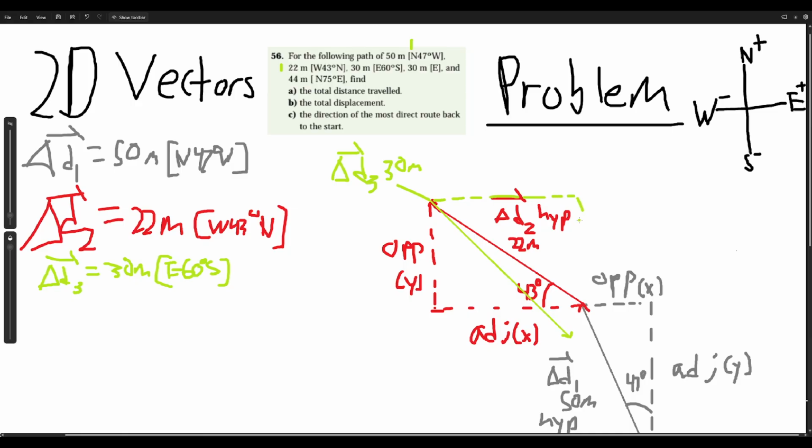And also we're gonna have to break this up into x and y components later. So this is the hypotenuse. The angle here is 60, which means this is the adjacent, which will be our x. This is the opposite, which will be our y.